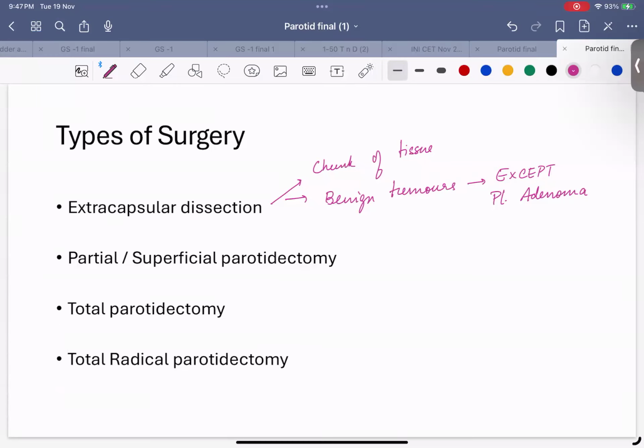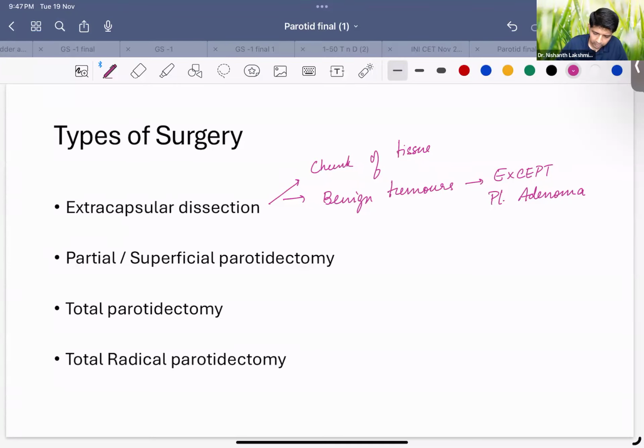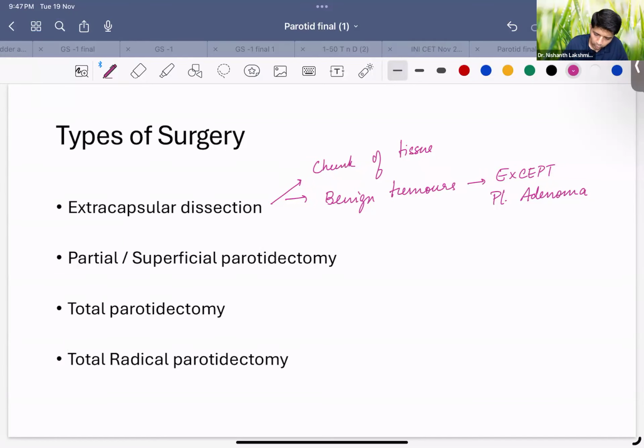High recurrence rate, because of capsular invagination, pseudopods. Okay. So in such a scenario, it is not advisable to do an extracapsular dissection. Anything apart from that, let us say Warthin's tumor, especially one in the tail of the parotid, which is not close to the facial nerve, you can do an extracapsular dissection.